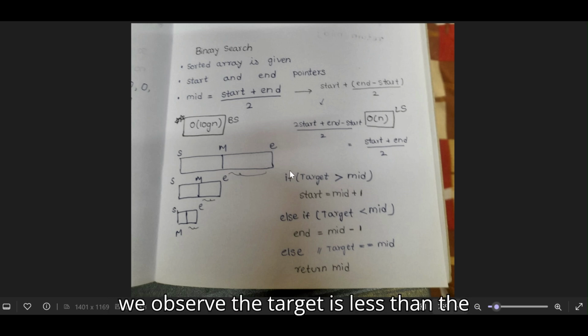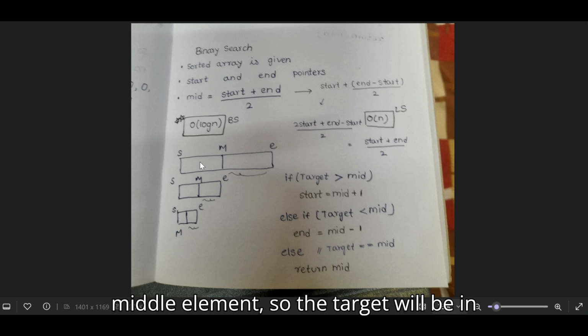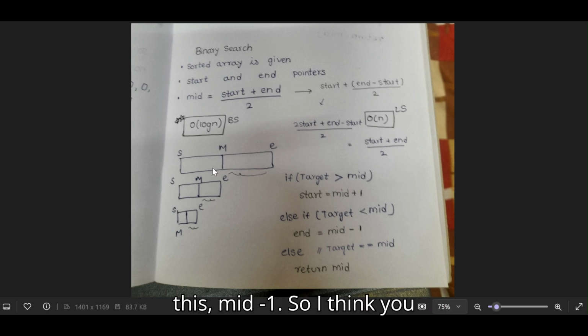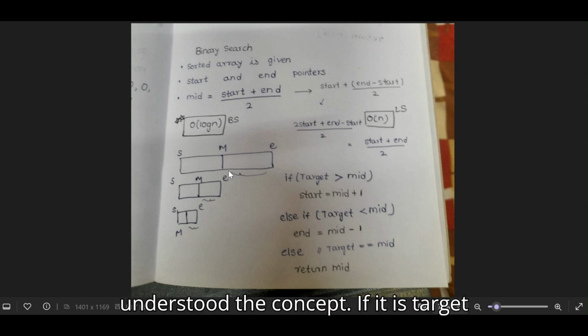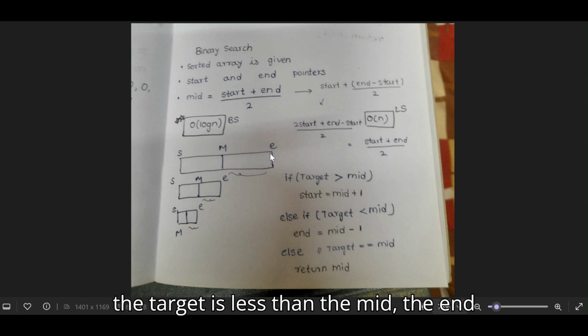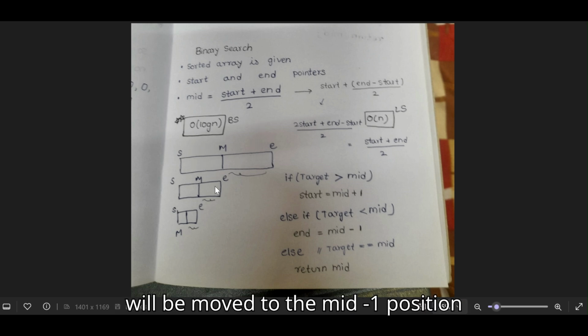When the target is less than the middle element, the target will be on the left side, so we move the end to mid minus 1. So I think you understood the concept. If the target is more than the mid, start will be moved to mid plus 1. If the target is less than the mid, the end will be moved to mid minus 1.